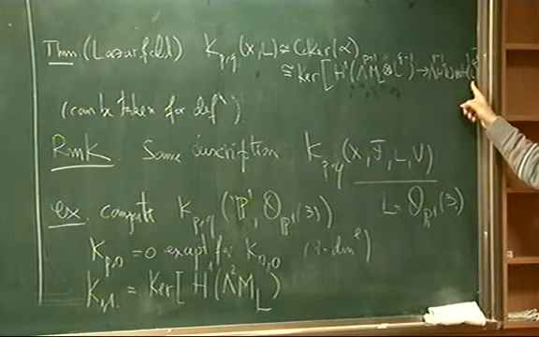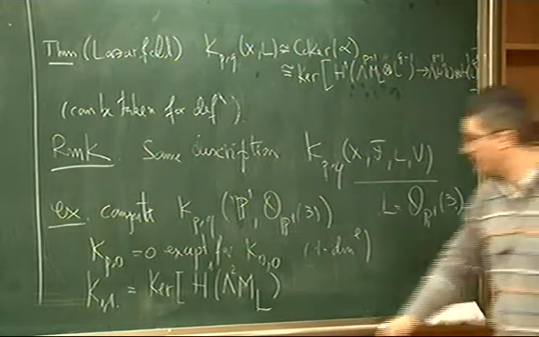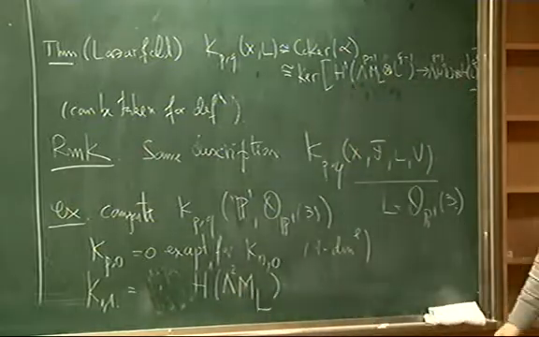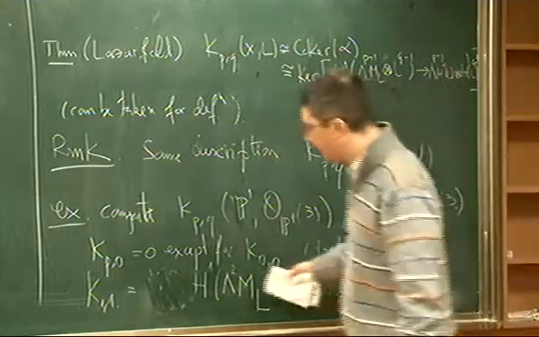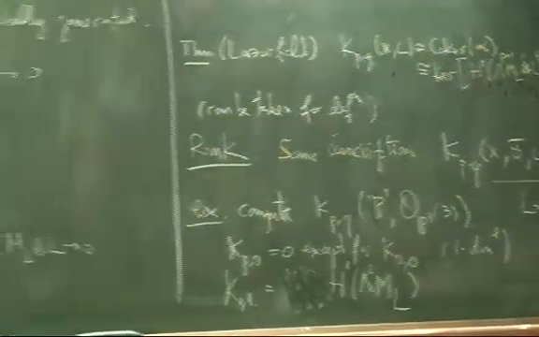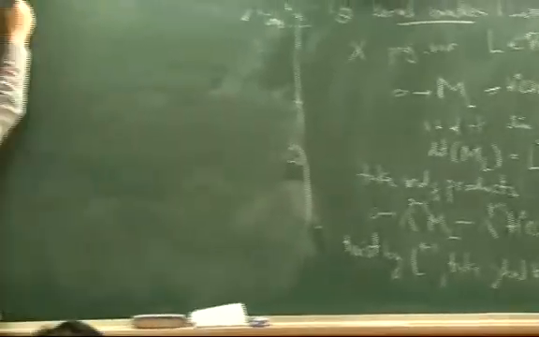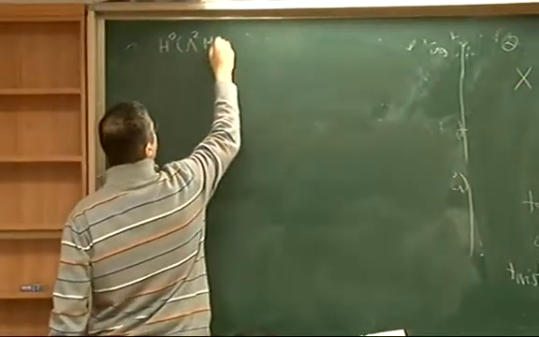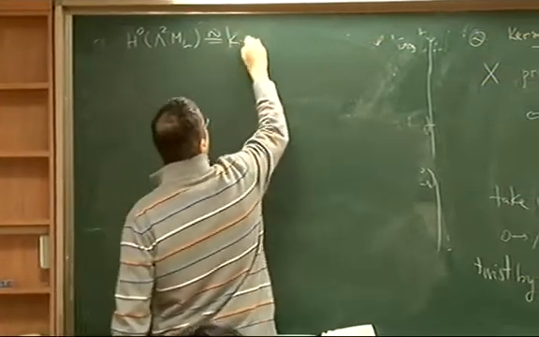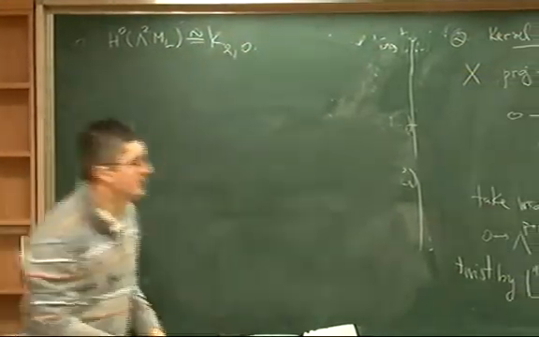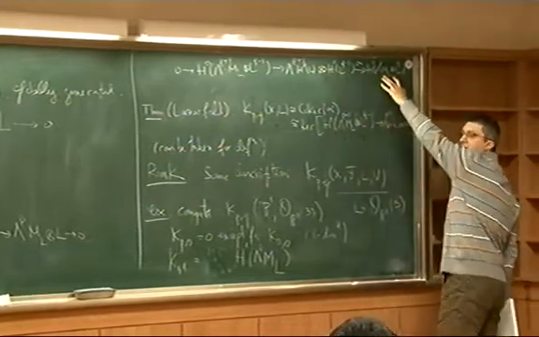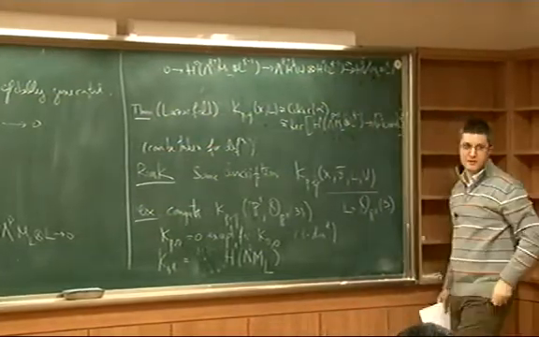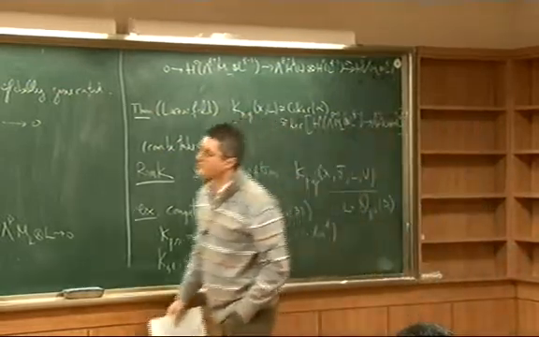Here we would have H^1 of P^1, which is 0. So this is nothing. It's just H^1 of wedge 2 ML. And now, what's the dimension of this? Just remark that H^0 of wedge 2 ML is isomorphic to K_{2,0}, just by the definition. Here we would have 0, so there is nothing coming from here. So it would be just K_{2,0}, the co-kernel of this map. So this was 0.